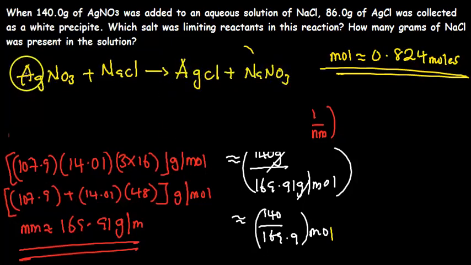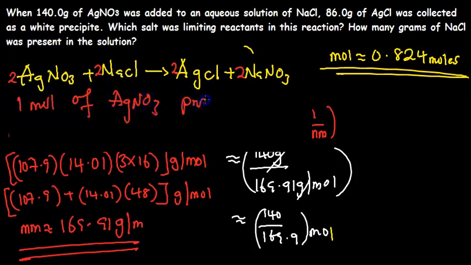We can add 2 moles here, 2 here, 2 here, and 2 here. At this point, we can conclude that 1 mole of silver nitrate produces 1 mole of silver chloride.